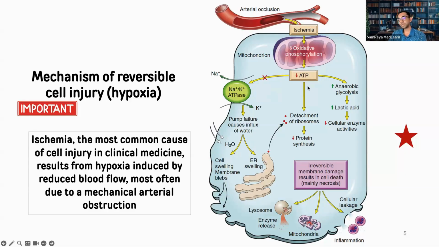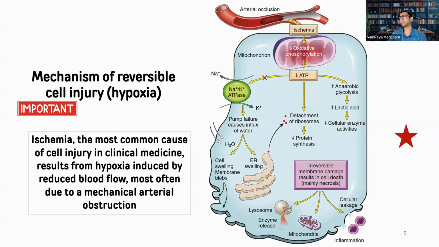Another thing that will happen because of loss of ATP in the cell is detachment of ribosomes from the endoplasmic reticulum. You see what has happened? If the ribosomes are detached, in very simple words, the ribosomal function is affected.